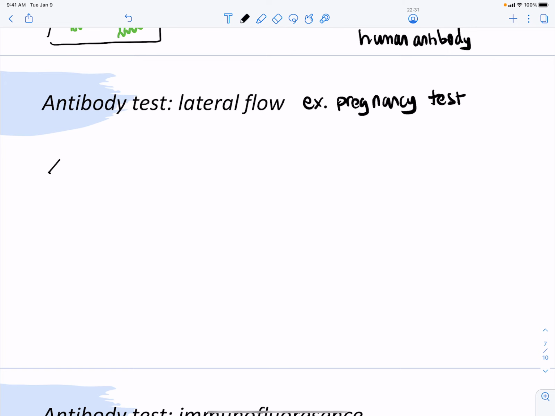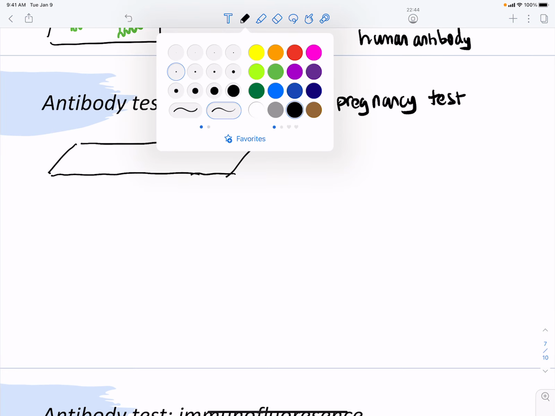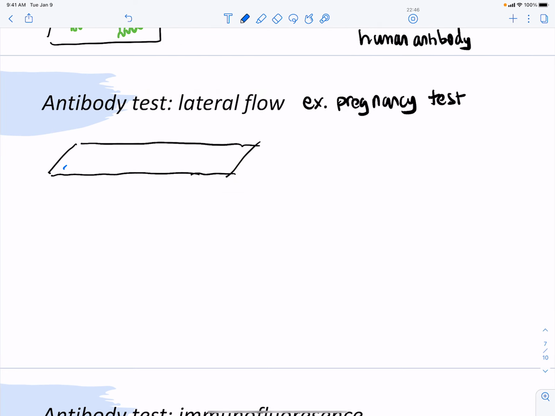And so basically you can think of it as a slide approach, even though you don't see any of this. This is what it is. So you bind, for example, on the surface of the slide, you're going to bind antibodies for human chorionic gonadotropin hormone.